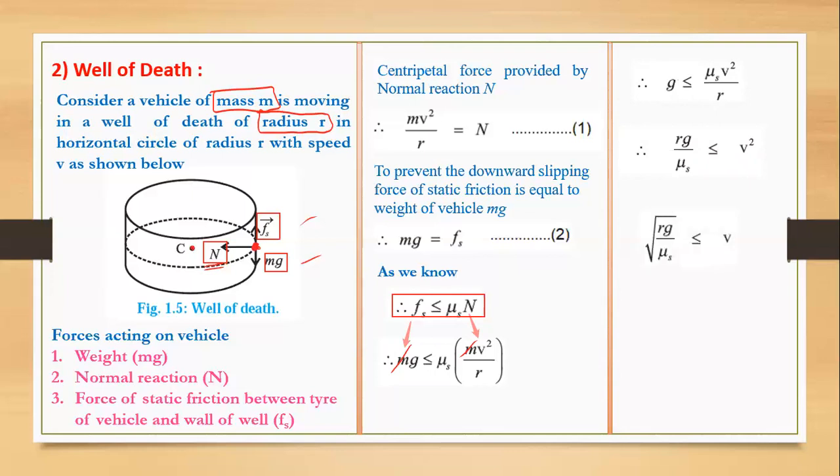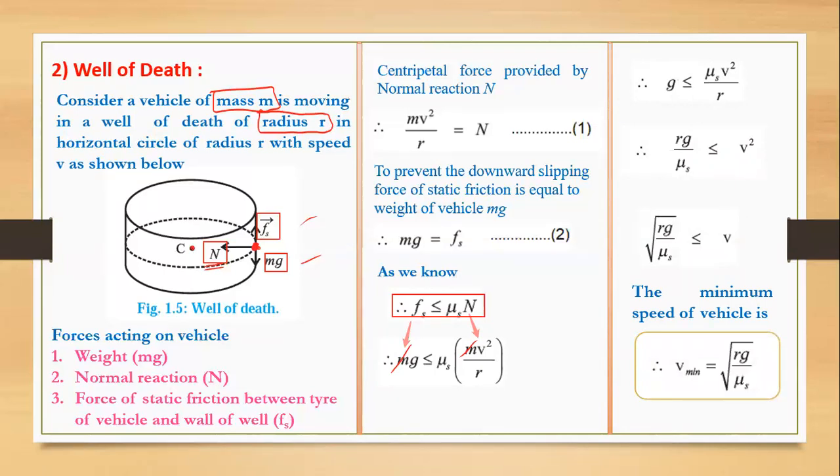And we can write under root rg by mu s is less than or equal to v. So the minimum speed of the vehicle is under root rg upon mu s. This is the minimum speed to complete that horizontal circular motion.